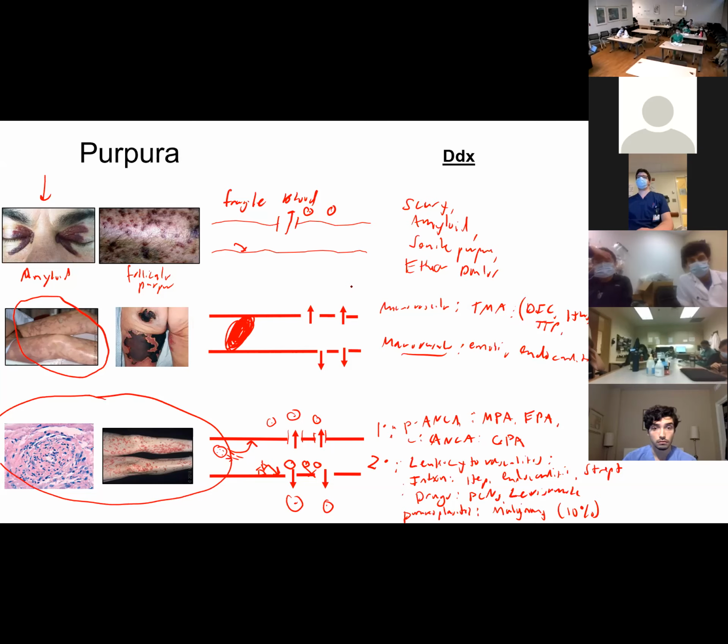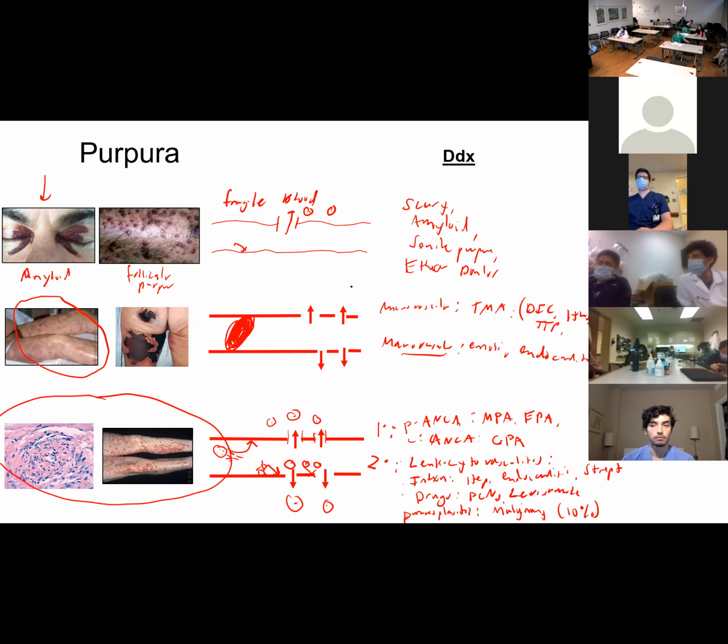The two I didn't put on here are autoimmune. Autoimmune conditions can do it as well, especially if they're severe, like lupus or Sjogren syndrome, but treat that. With your primary vasculitis, do you guys know what the usual treatment is? Steroids. Yeah, steroids and then a B cell depleter.